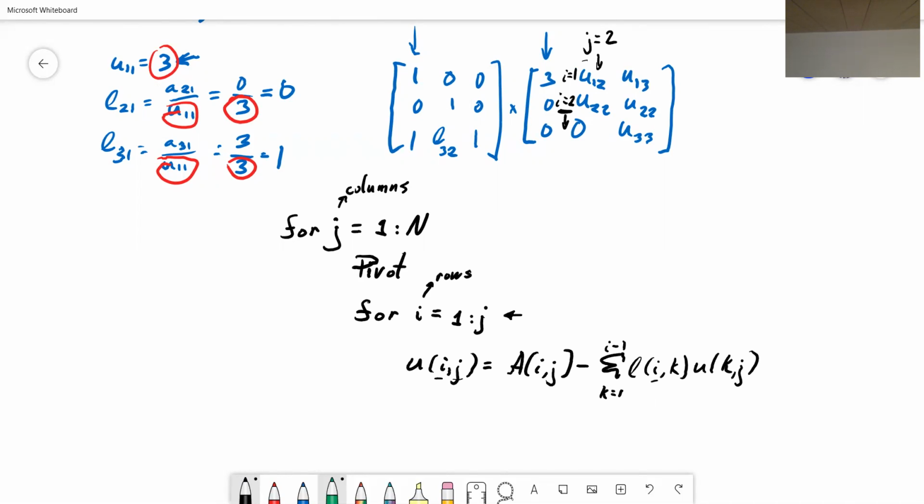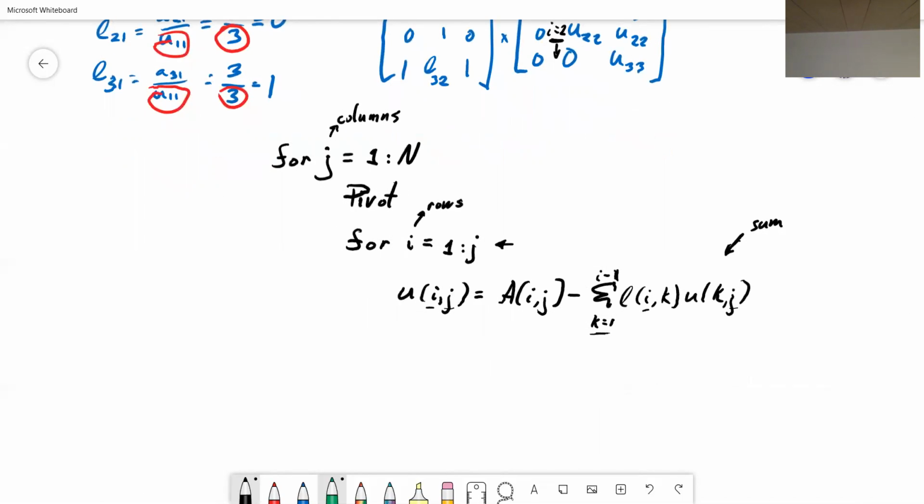So these are the current row, current column, and that'll be the expression for u. All these elements should be known by this point. And this summation, you could make an inner loop over k if that's the way you want to do it. You can also express it as a summation with the function sum. So that's up to you. This is your code, but that is the general expression for you.